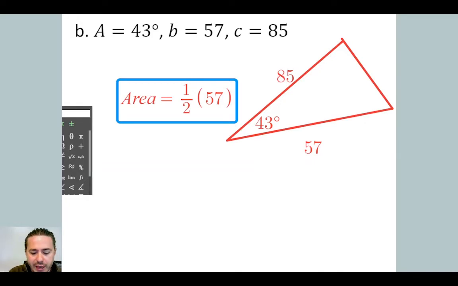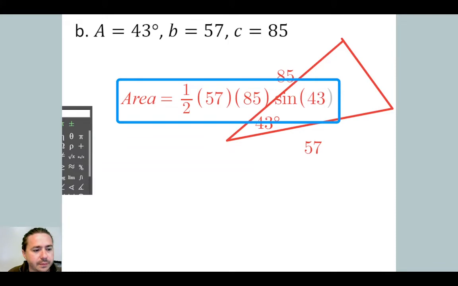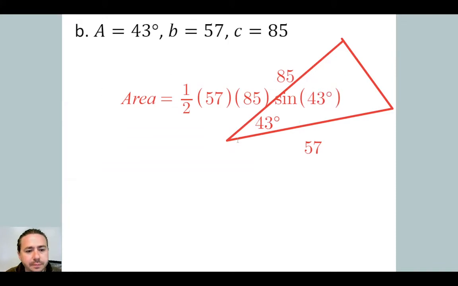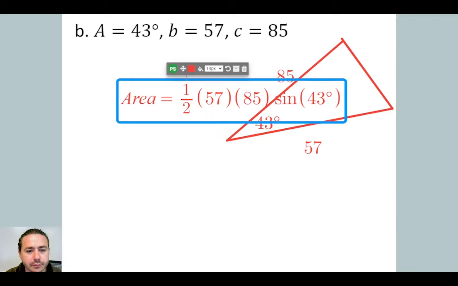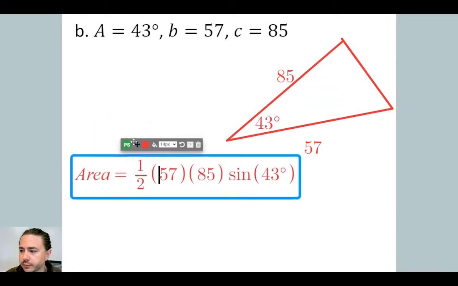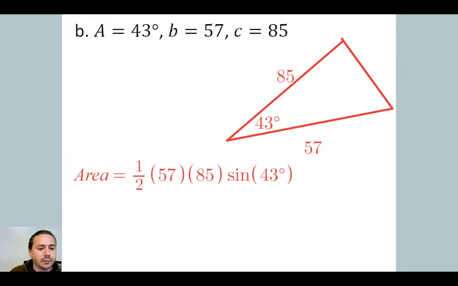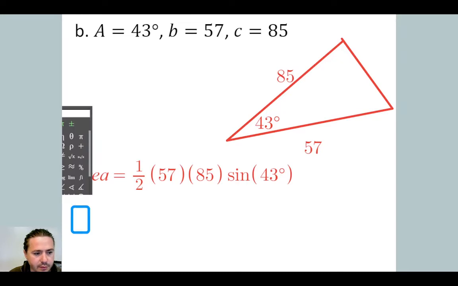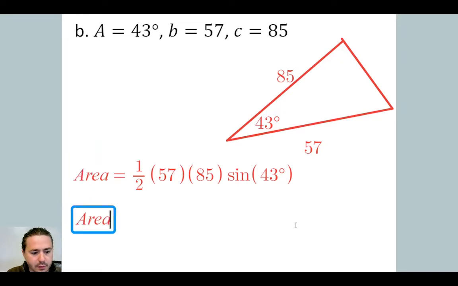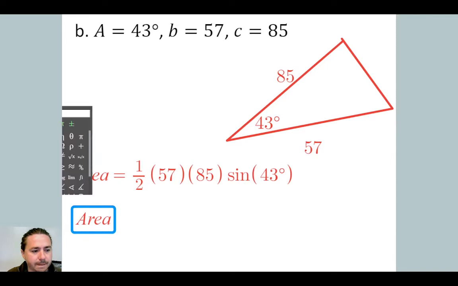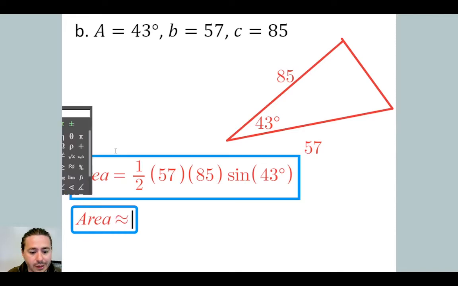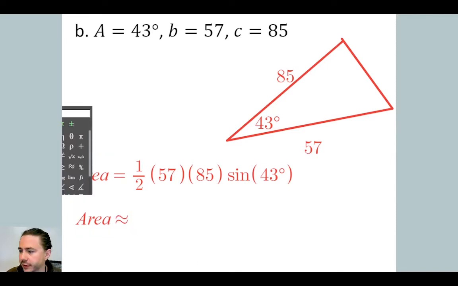So it'd be like 85 times the sine of 43 degrees. This is something we're just going to put into the calculator. So we'll say the area is approximately whatever this equals. So let's see. Let's pull up the calculator.